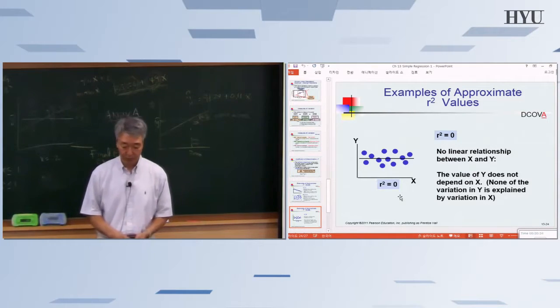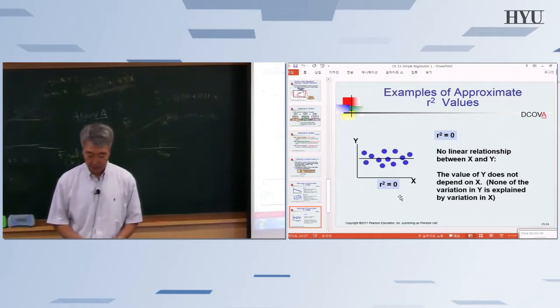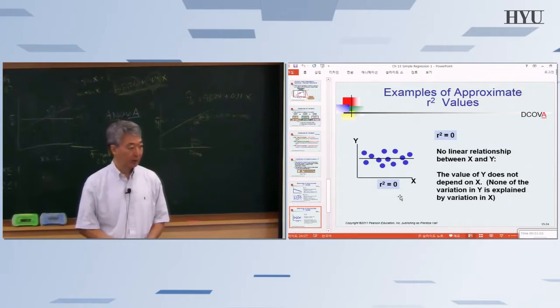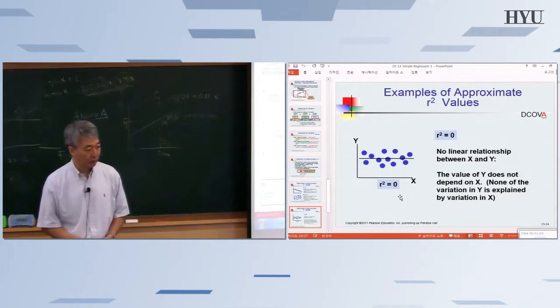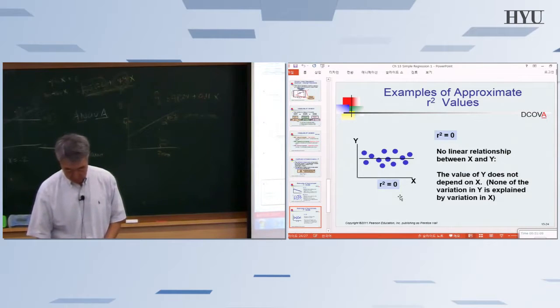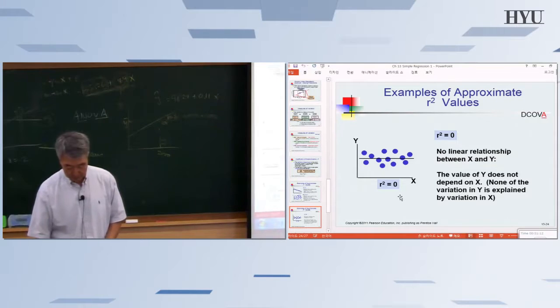Your correlation coefficient will be 0, and that means R squared can also be 0. In other words, nothing is explained. I mean, none of the total variation in Y is explained by your independent variable. It will be highly unlikely in a realistic case.